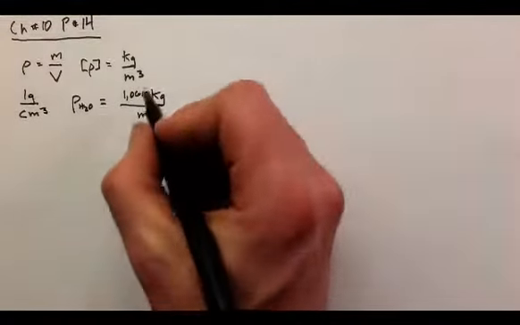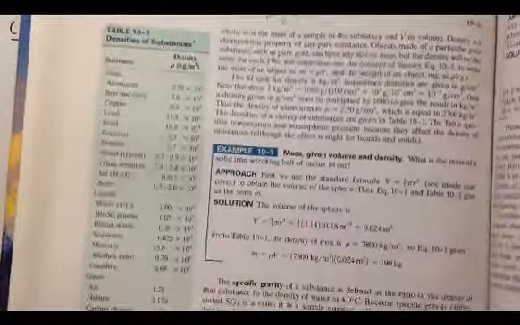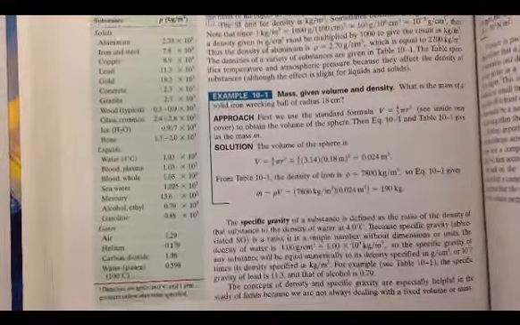Now, if you need to, for the problems in the textbook, know the density of something else, there's a nice little chart here, table 10.1 on page 256. You can look up a whole bunch of densities, and of course they're all measured in kilograms per meter cubed.